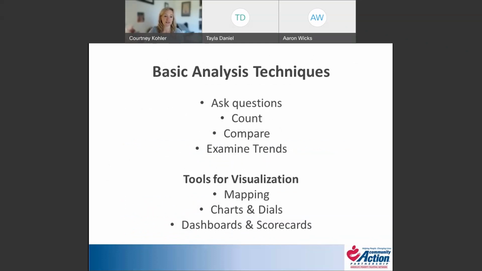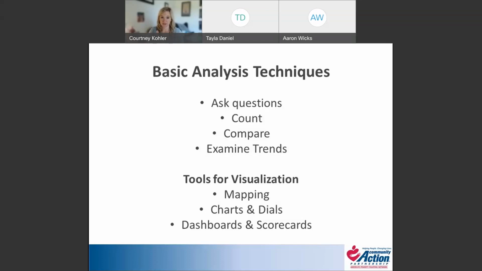Another good question is, is this data describing what we thought would happen? Did we do what we thought we'd do? Those kinds of questions can really help get you started. Within some of our other trainings that I'll share towards the end, we have a more full list of questions that you all can start with at your agency.